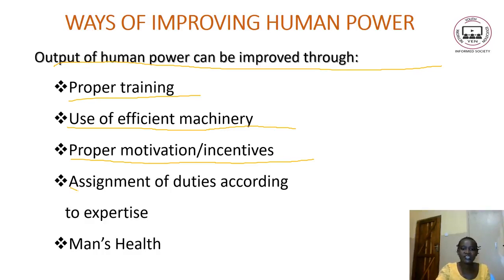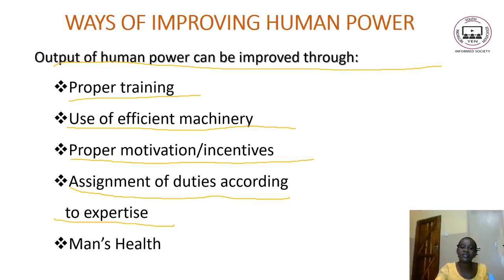And also just by assignment of duties according to expertise. Not all workers which you may employ know all the activities which are required in the farm. Some may be better when it comes to land preparation. Some may do well when it comes to fertilizer application or weeding or sometimes harvesting.